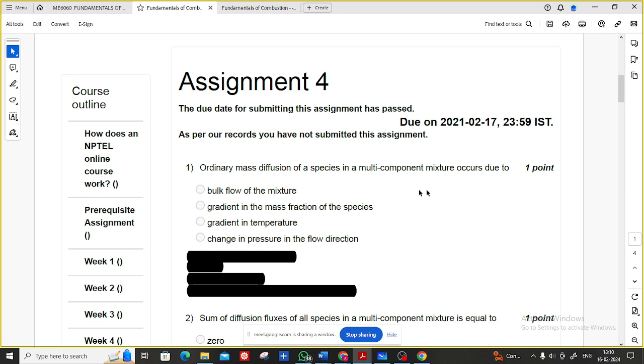See, ordinary mass diffusion of species in a multi-component mixture occurs due to, and these four options are there. This first one is bulk flow of the mixture. If there is a bulk flow of the mixture, then that is not diffusion. Second is gradient in the mass fraction of species. Third is gradient in the temperature. Fourth is change in pressure in the flow direction. Okay, so what is Fick's law of diffusion?